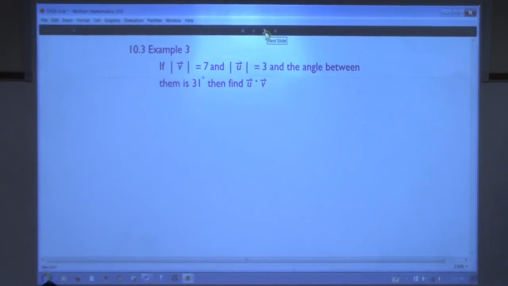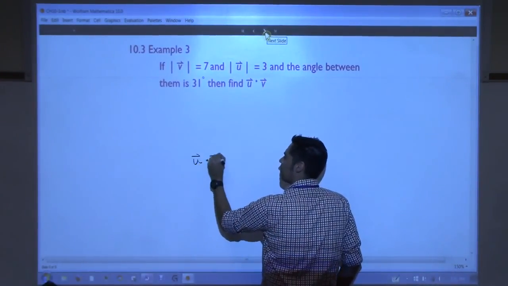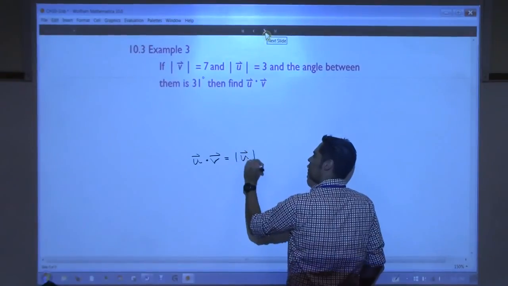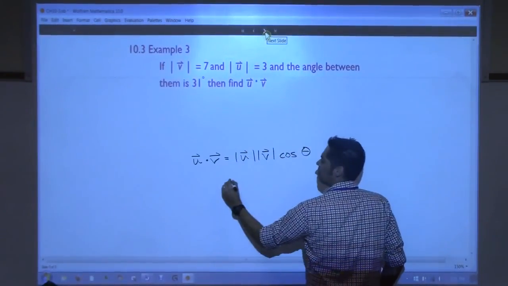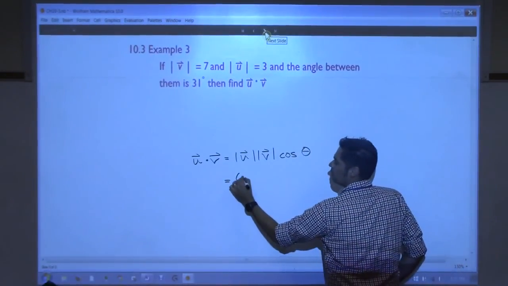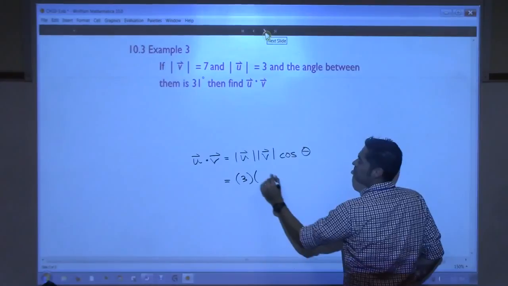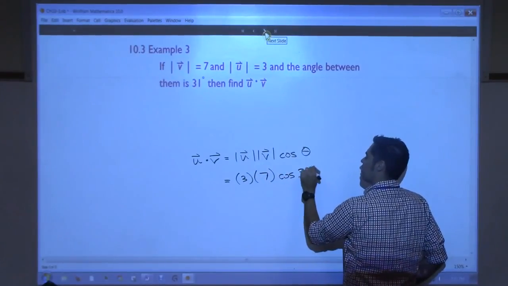What's the dot product if I give you the lengths of the two vectors and the angle between them? U dot V is magnitude of U, magnitude of V, cosine of the angle between them. What's the magnitude of U? 3, magnitude of V, 7, cosine of 31 degrees.